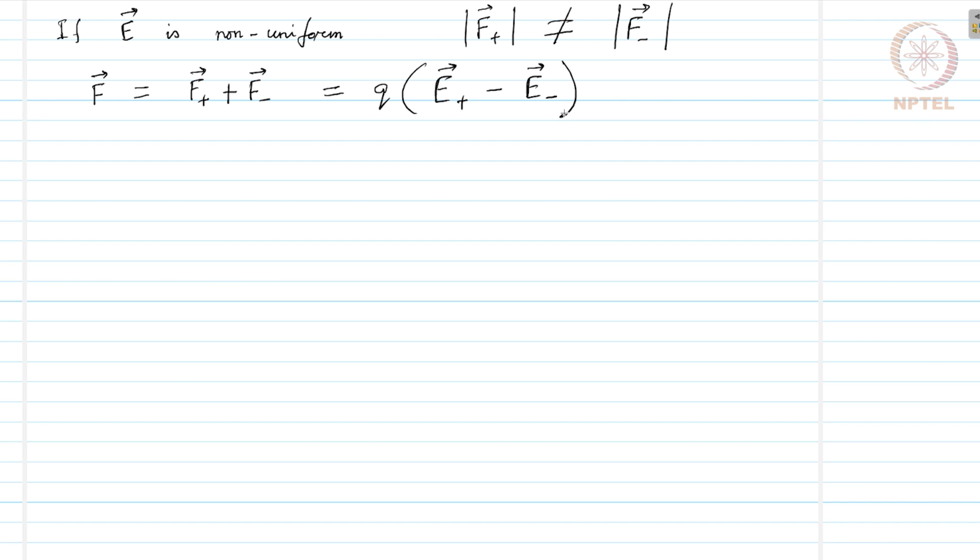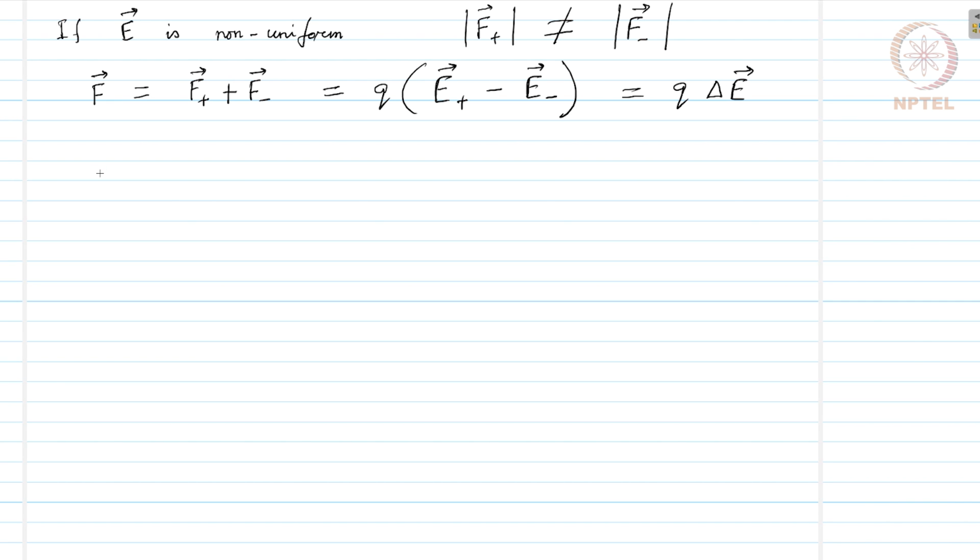So, E plus is the electric field on the positive ion, and E minus is the electric field on the negative ion, and that is Q delta E. Delta E is just E plus minus E minus.